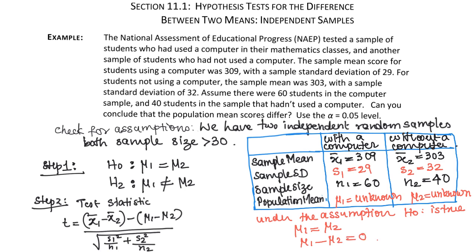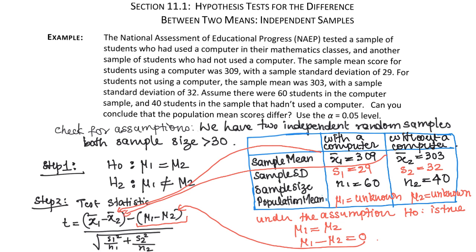If they are the same, the difference between them will be 0. So you can substitute that here, and substitute the other values, like the sample means, S1 and the sample sizes, all from the table, and calculate.